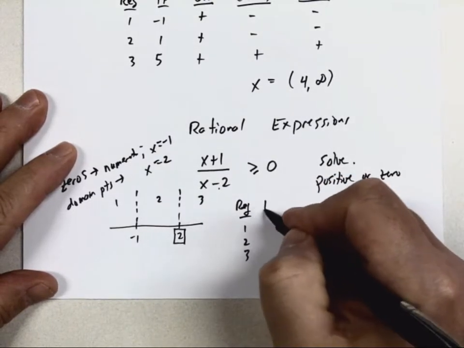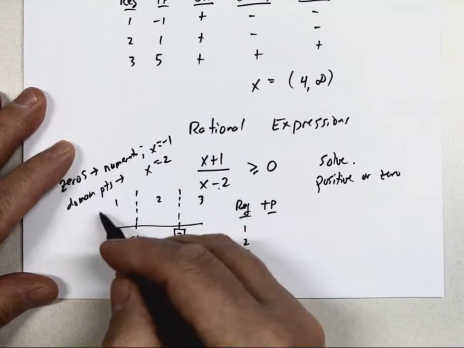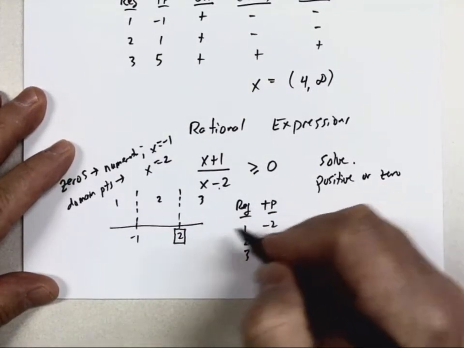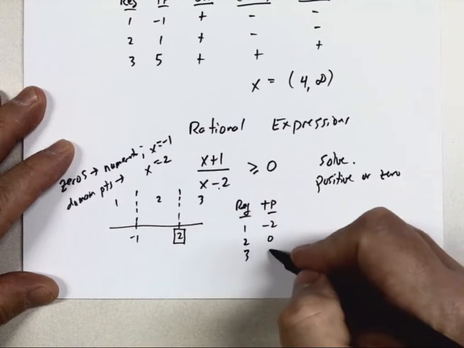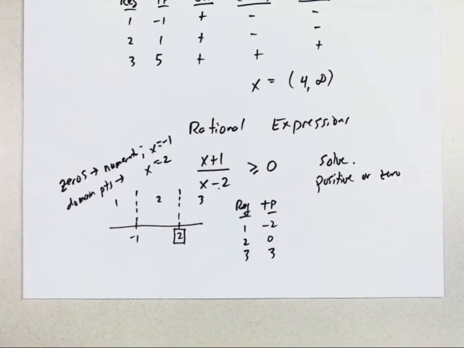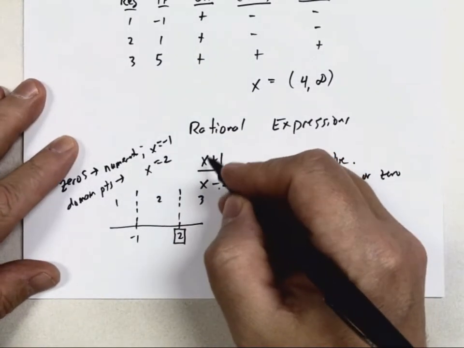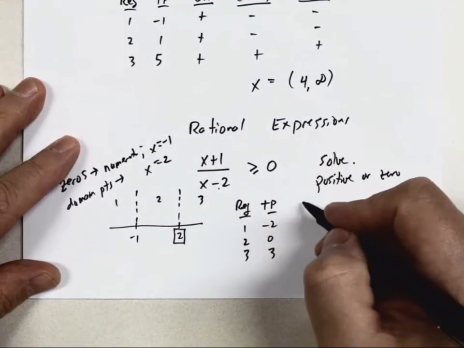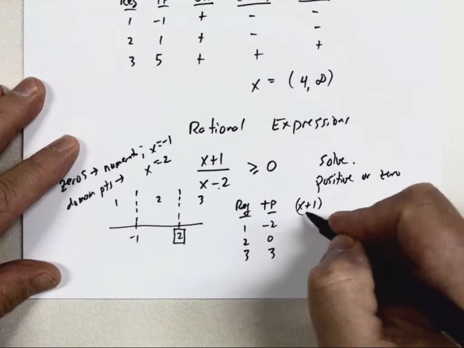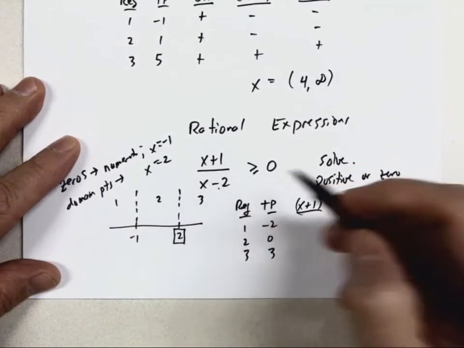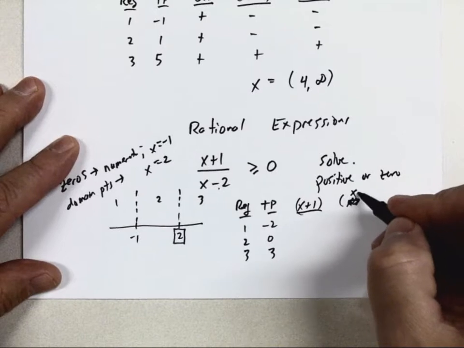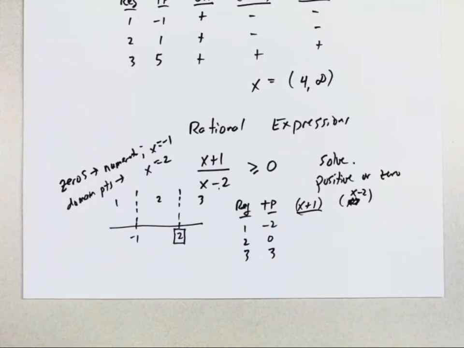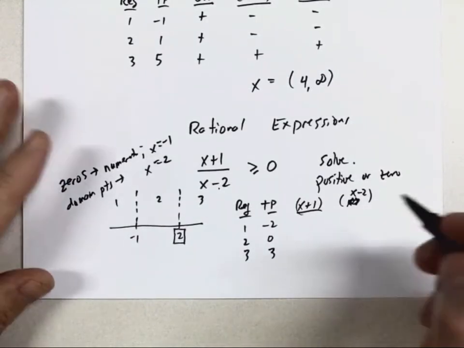Three regions. Test point, region 1, I'll say -2, region 2, say 0, region 3, I'll say 3. And now when I list my factors, I list both from the top and the bottom. So x plus 1 comes from the top, x minus 2 comes from the bottom.